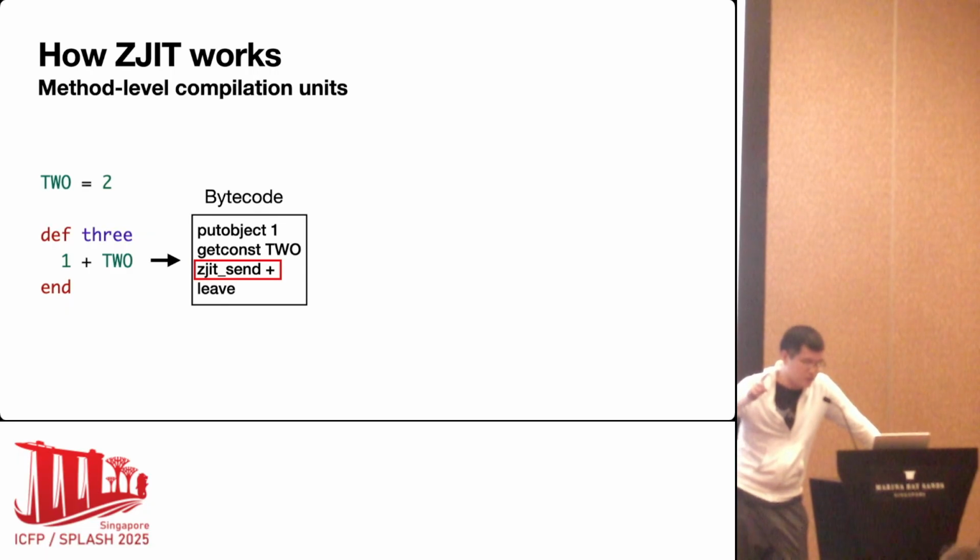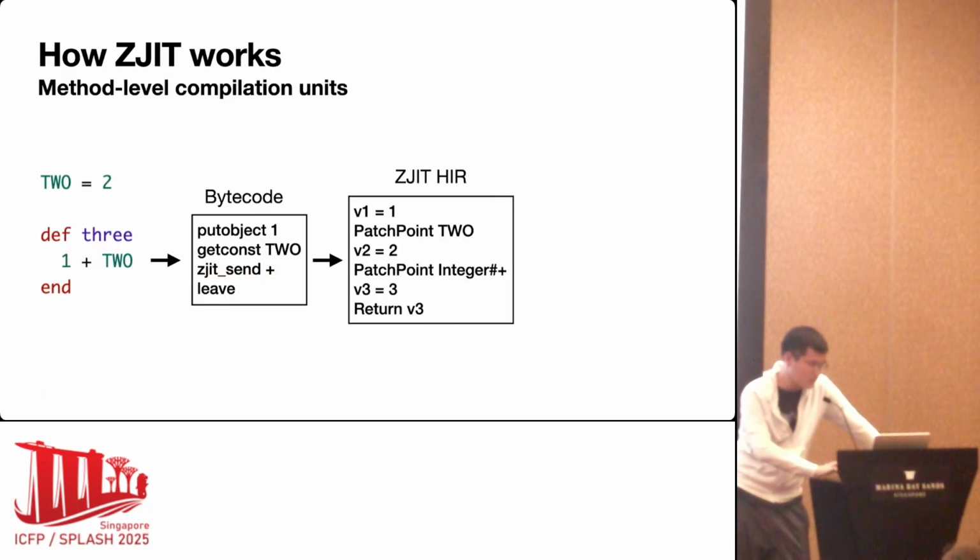Whenever the interpreter runs the profiling method, that saves the type information that will be used by the compiler later. So with that profiling information, ZJIT is able to compile the entire method at once.